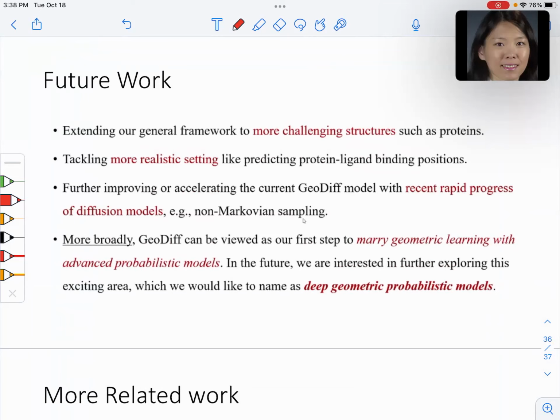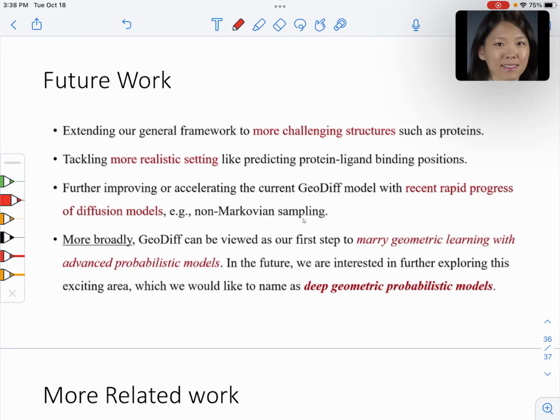But if you scale up to large proteins and model at the atom level, the number of nodes could be in the millions or tens of millions. Yeah, as they mentioned, currently they only handle relatively simple structures like molecules instead of proteins.